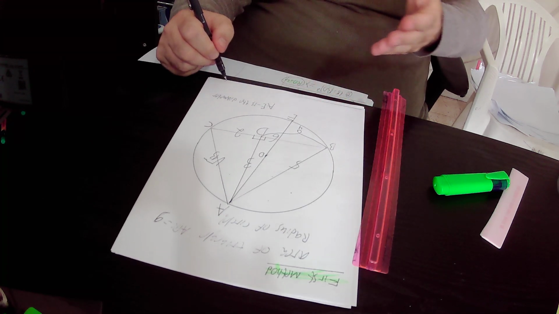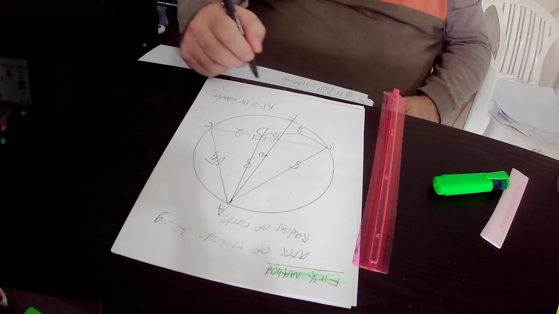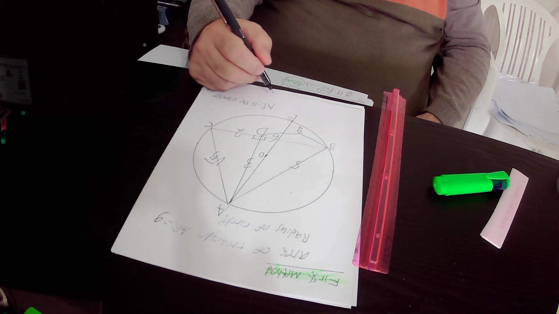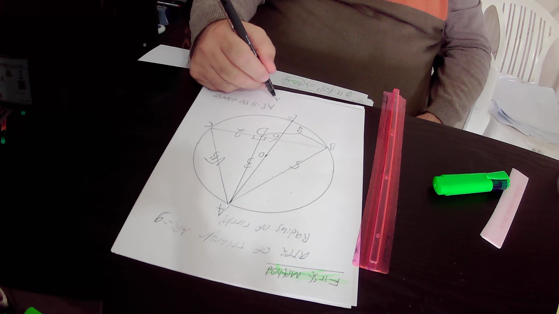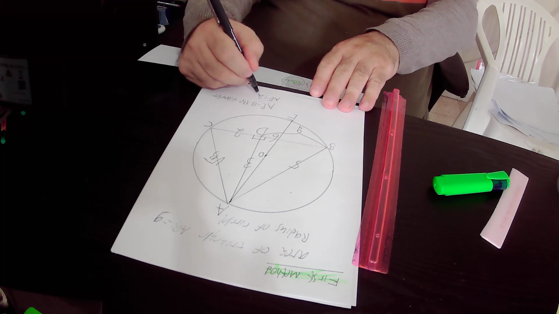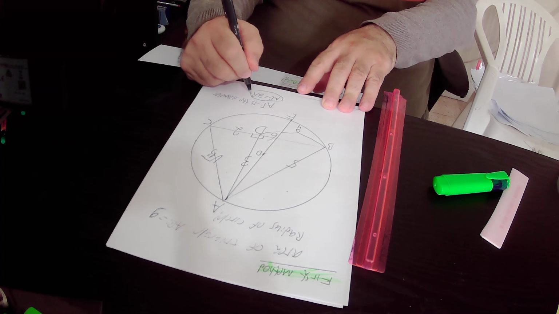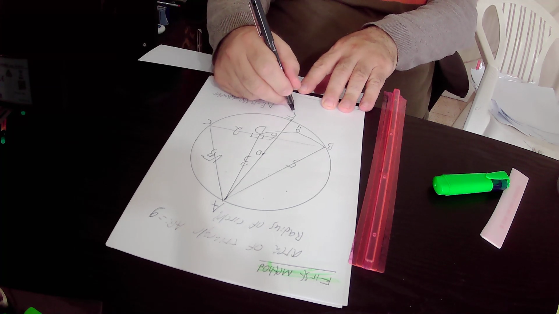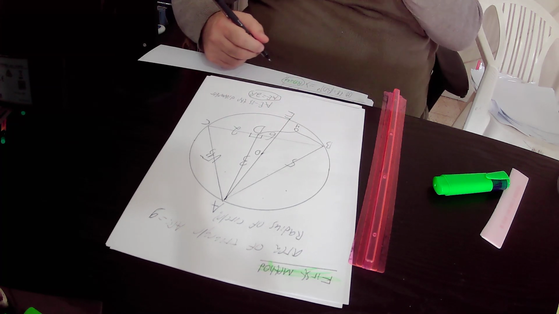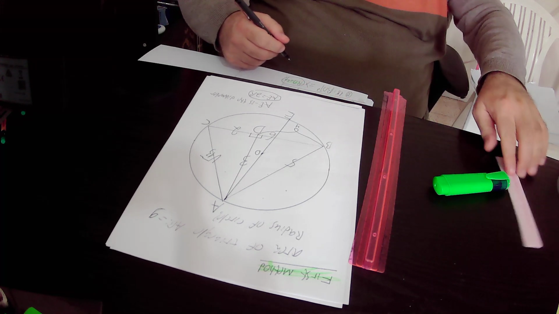So if the radius of this circle equals R, it means that the diameter of this circle, AE, will be equal to 2R, 2 times capital R, of course. Okay. In the next step, we will join points B and E together by a straight line.